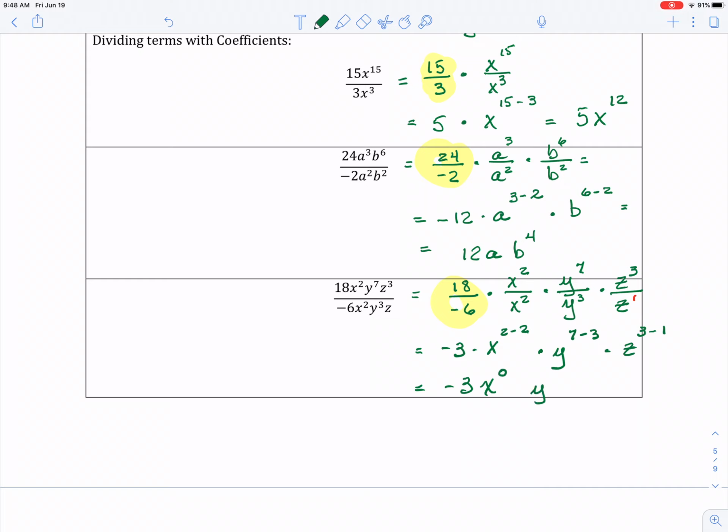And on this one, you have to go one step further. Because remember, we did our rule in an earlier video: any base other than 0 raised to the 0 power is equal to 1. So what I really have here, sitting in that spot, let me put it in red for you, is a 1.